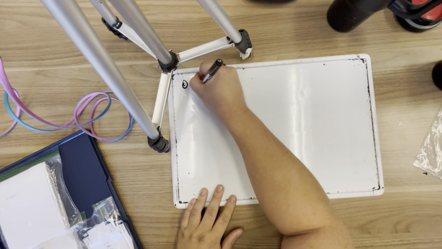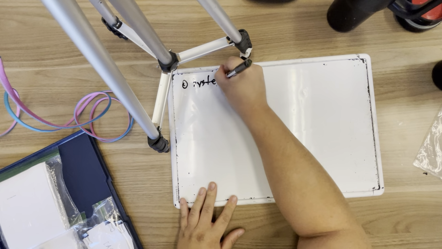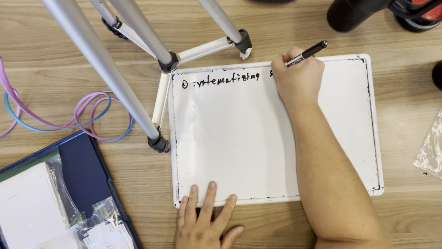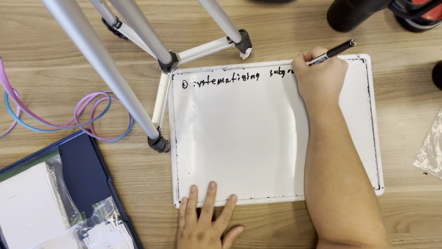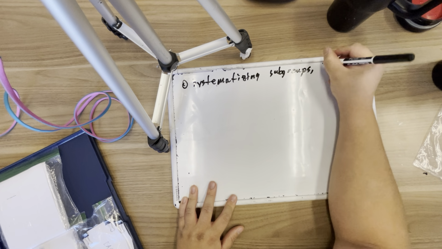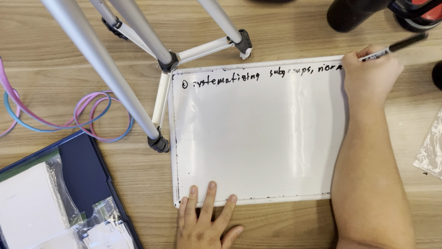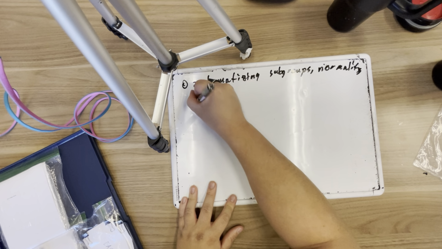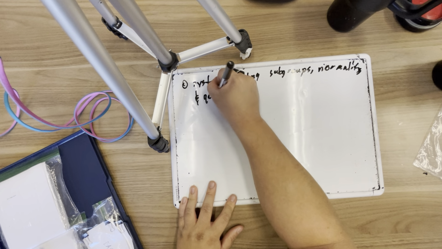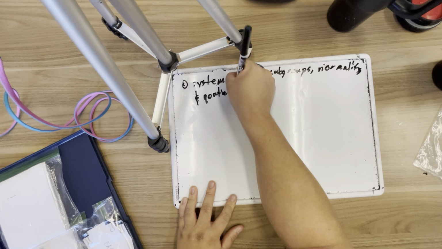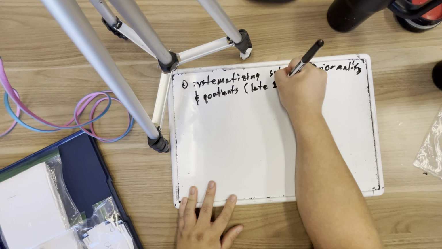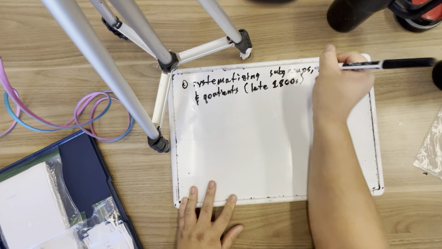Now let's talk about systematizing subgroups, normality and quotients. Late 1800s developments mostly.